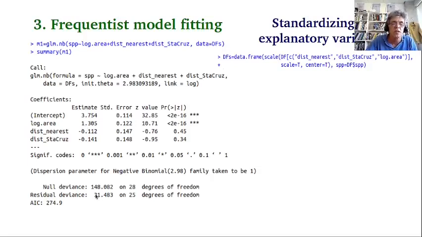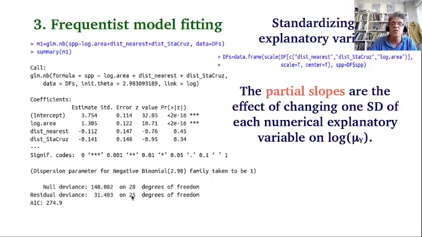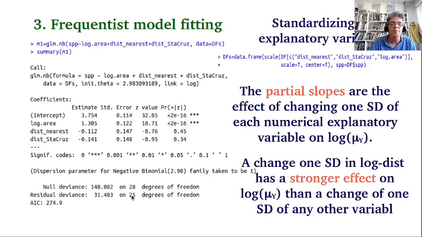We also see here at the bottom that the ratio between the residual deviance and the residual number of degrees of freedom is very close to 1, which suggests that there is no overdispersion.